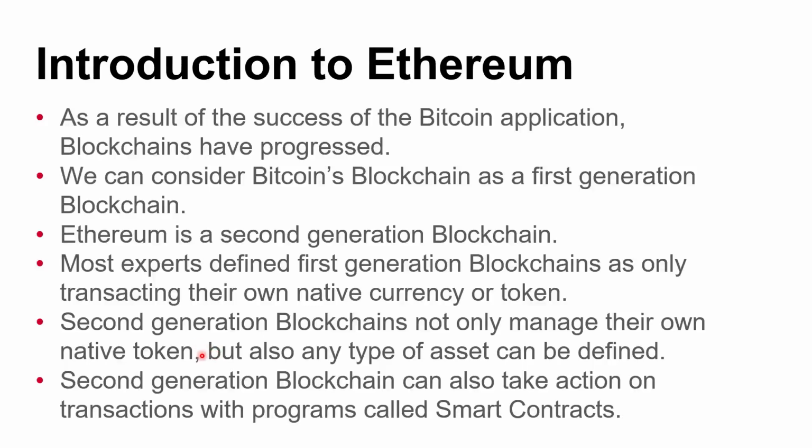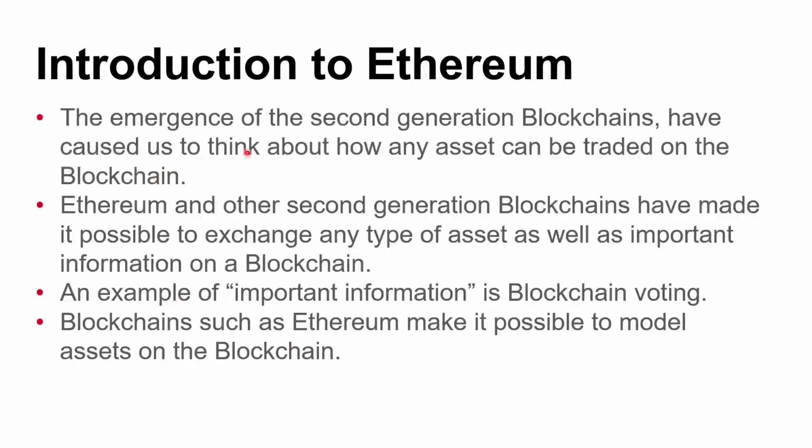We could have an automobile, a house. And the way we do that is by defining an asset and taking action on it with a smart contract. The emergence of second generation blockchains has caused us to think about how assets are traded on a blockchain. Ethereum and other second generation blockchains have made it possible to exchange any type of asset on the blockchain.